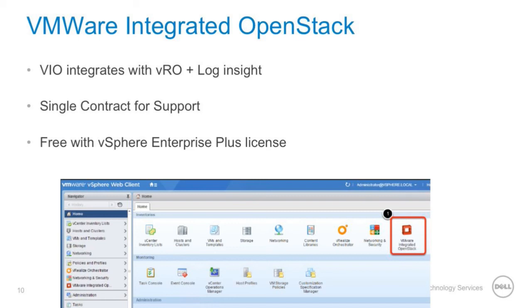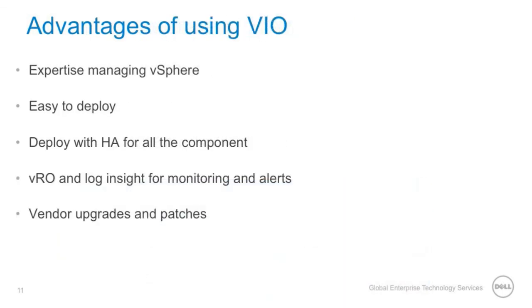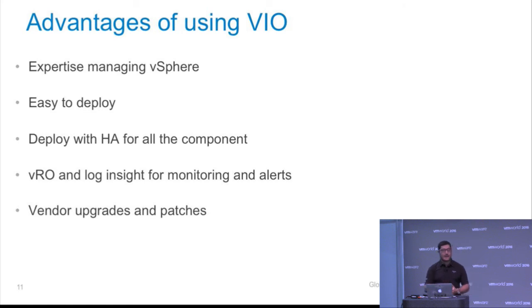and you will have pretty much the software for free. Another advantage of using the VMware distribution is that you are already an expert in vSphere. It will make the deployment simple and easy because you already know the product. You know that vSphere has been tested, is a solid product, and you don't have to worry about support in that matter.